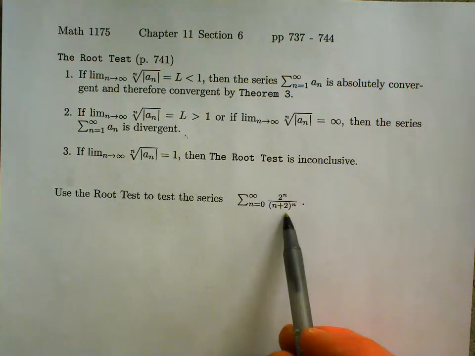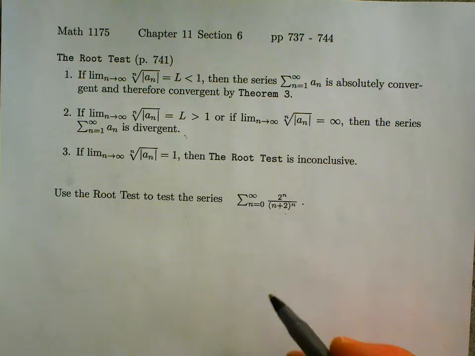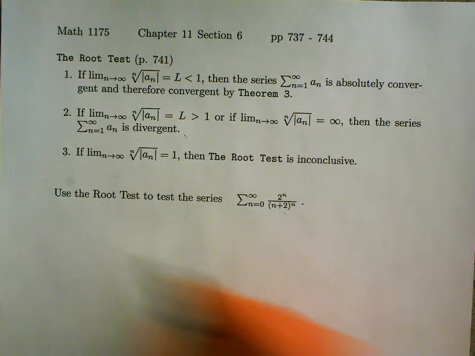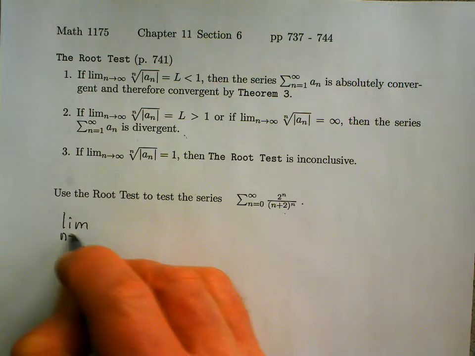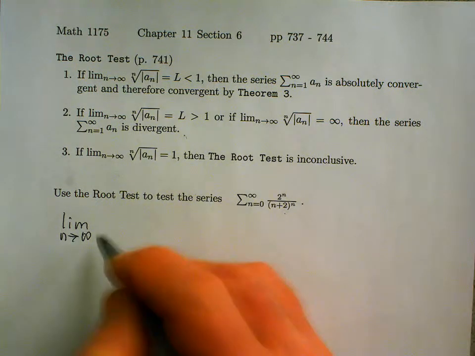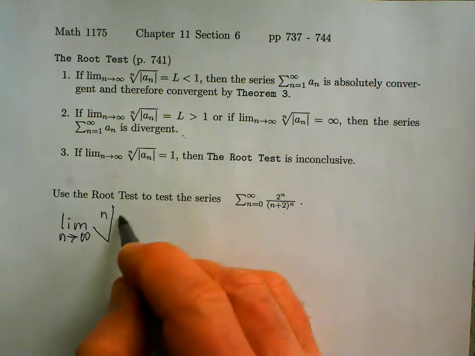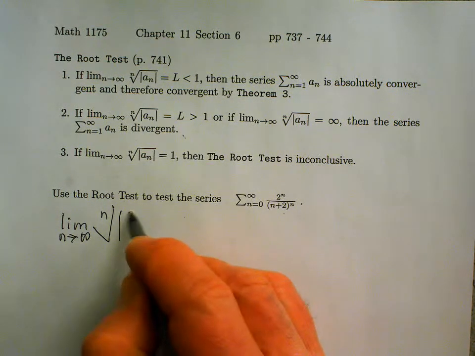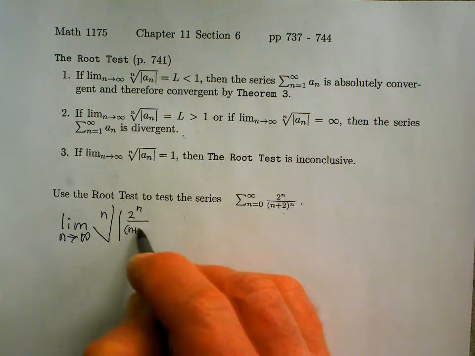Okay, so on this one, use the root test to test the series. The terms are 2^n over (n+2)^n. So we'll compute the limit as n approaches infinity of the nth root of the absolute value of 2^n over (n+2)^n.